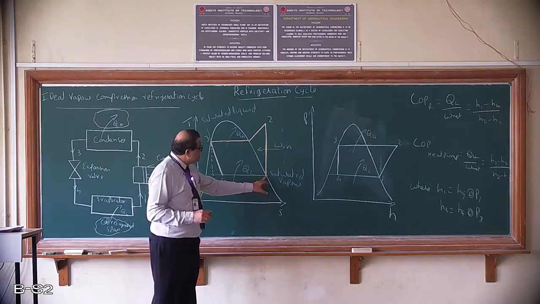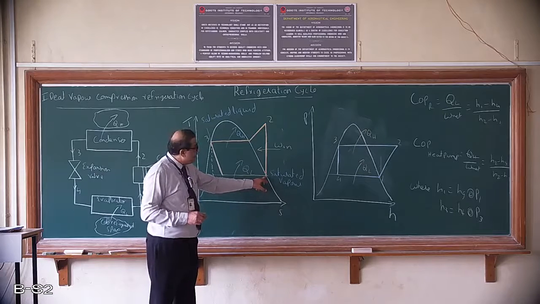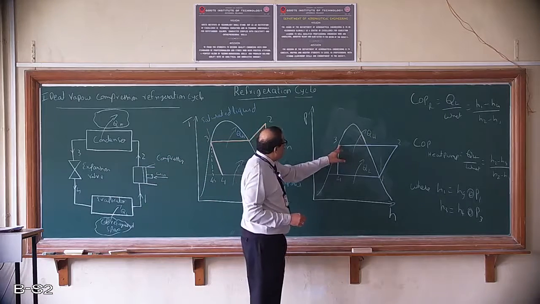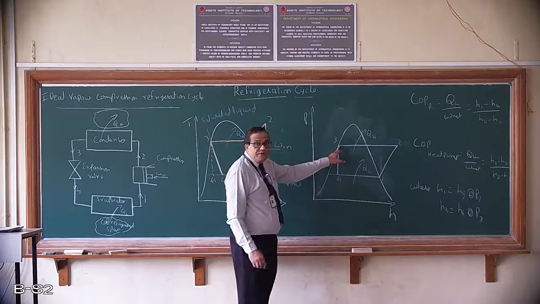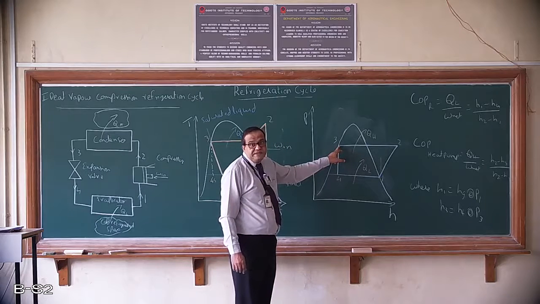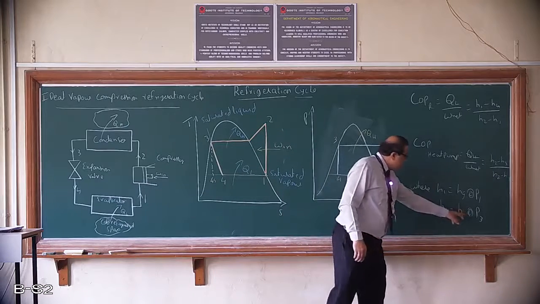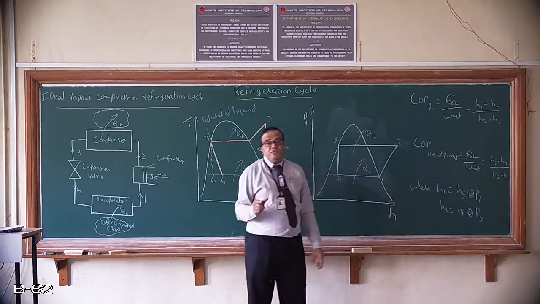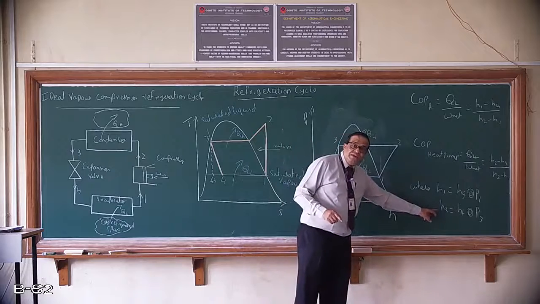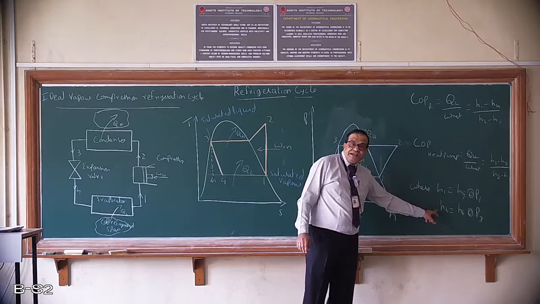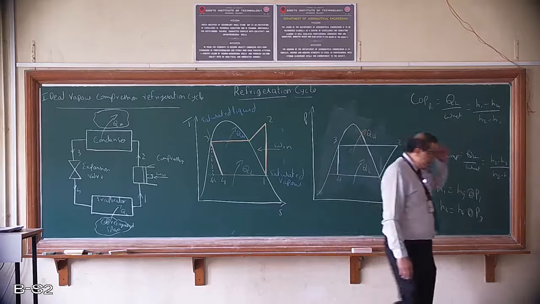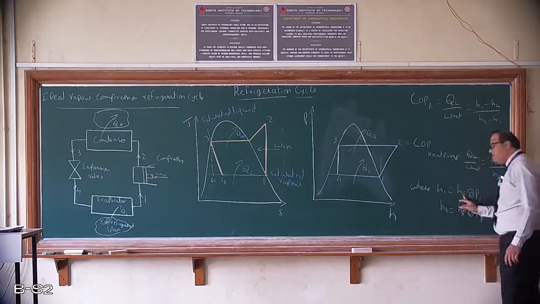So this will be Hg, so it is at saturated vapor. And the H3 value, you can see here, will be at saturated liquid. So whenever we are taking values from the steam tables or the refrigerant tables, this is at P3, so we need to take the HF value for H3. And the H1 value is Hg at P1.